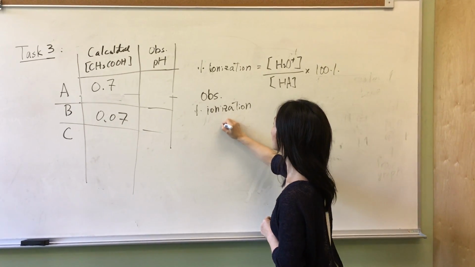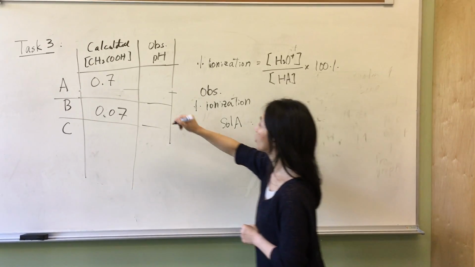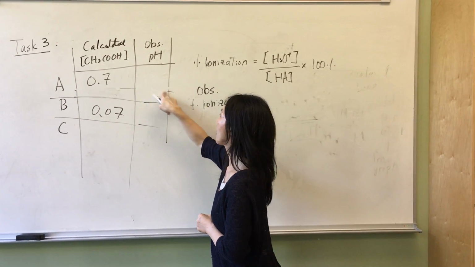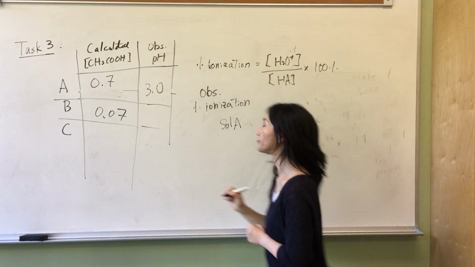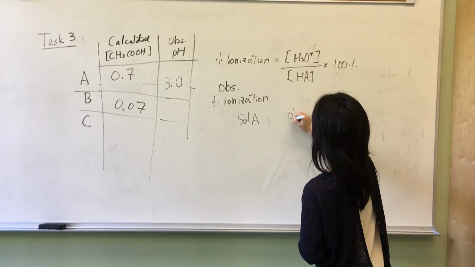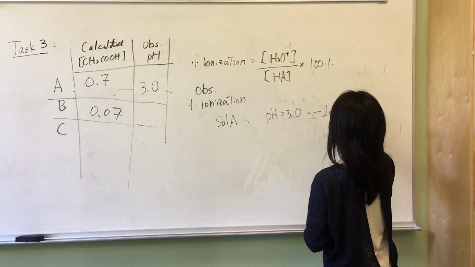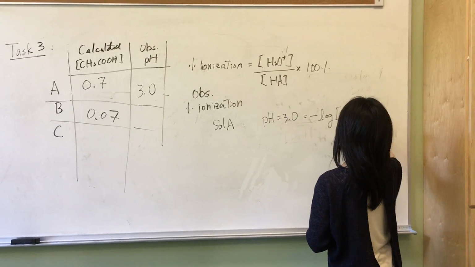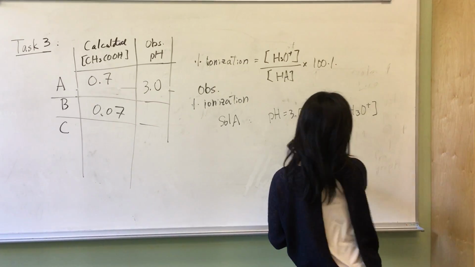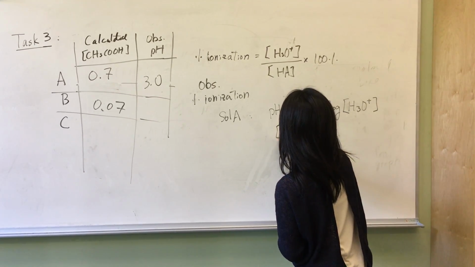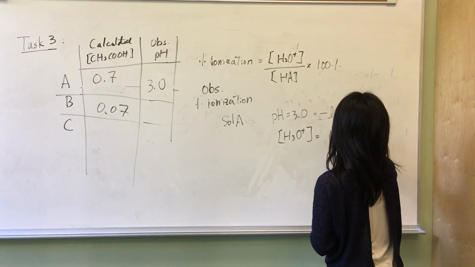Okay, I will show you how to do it using solution A. Let's say the observed pH for solution A is, I'm just making that up, 3.0. Then pH equals 3.0, which means minus log of H3O plus. And then you solve for H3O plus, which is 10 to the minus 3.0.